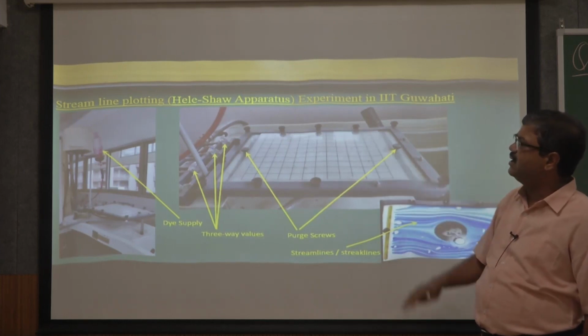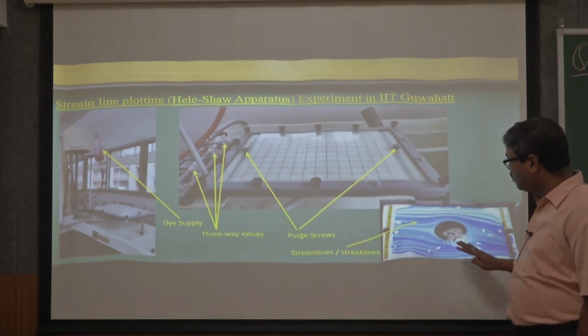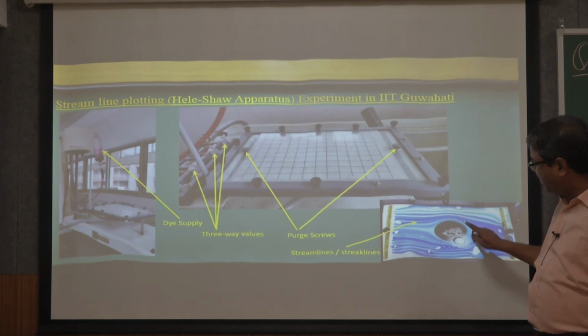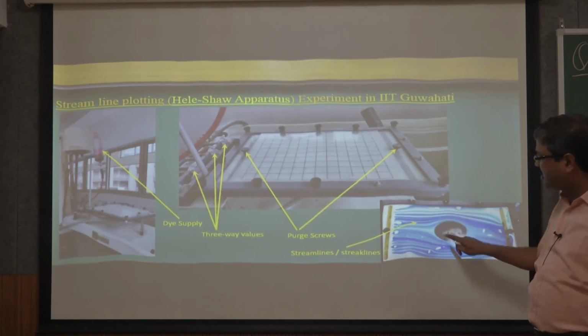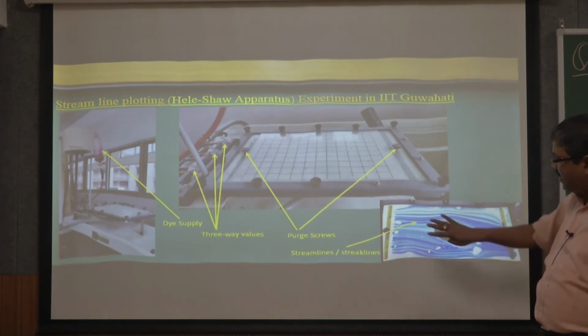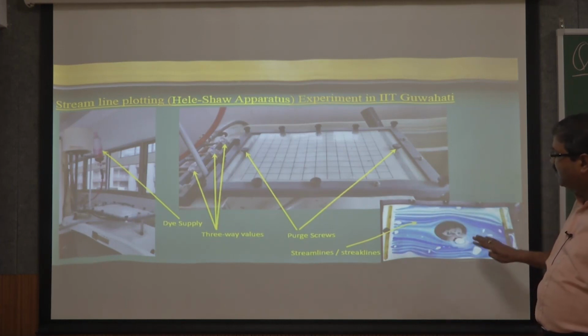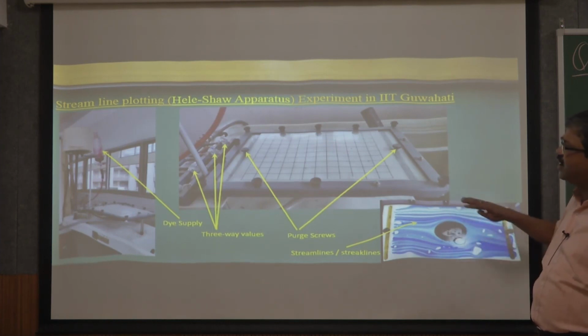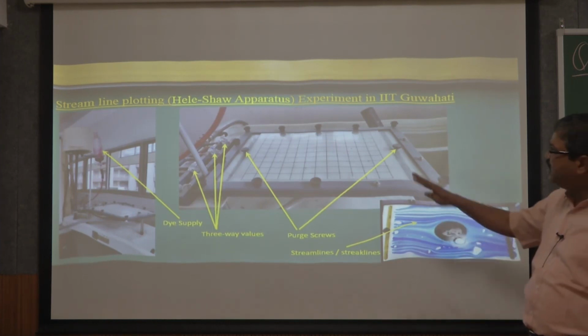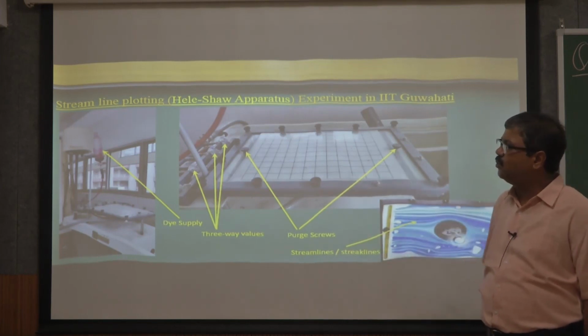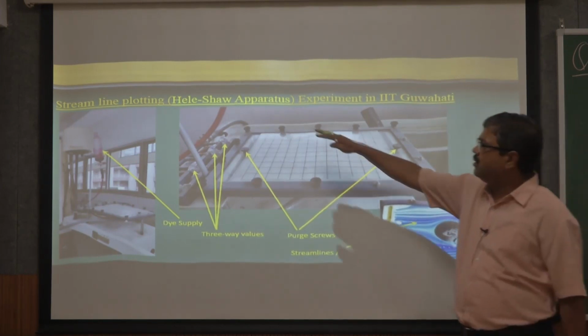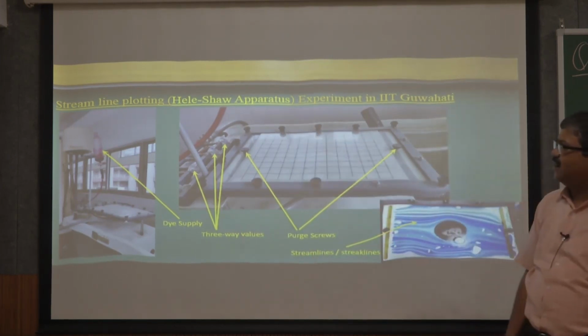For example, if I have obstruction structures like this and flow patterns like this, you can see the streamline patterns, what is going on near the structures and far away from the structures. So it is very easy to visualize the flow when you use an apparatus like the Hele-Shaw apparatus.